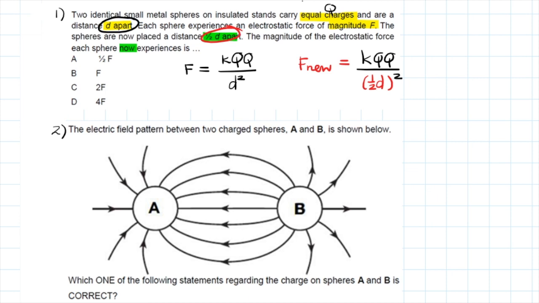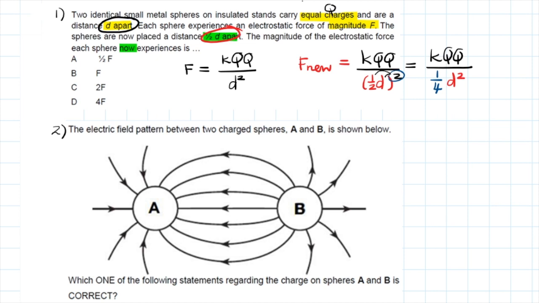Now if we manipulate this, we end up with k Q multiplied by Q divided by half to the power of 2, which is equal to 1 over 4, and then we still have d squared. So this exponent affects the 2, the half, and the d.